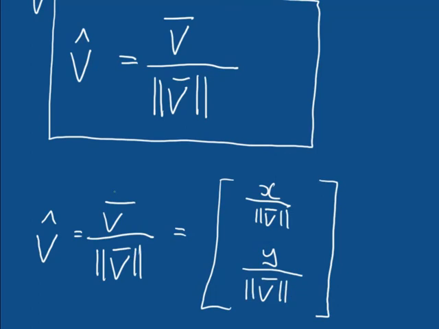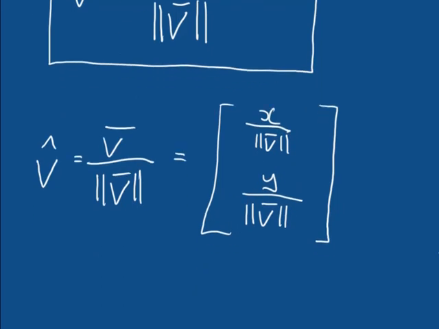So when we normalize a vector, and we can normalize any vector, it doesn't matter how many components it has, we work out the length of the vector and we divide each component of the original vector by the length to generate the corresponding component in the unit vector. So x gets divided by the length to generate the x of our unit vector, and y gets divided by the length to generate the y of our unit vector.